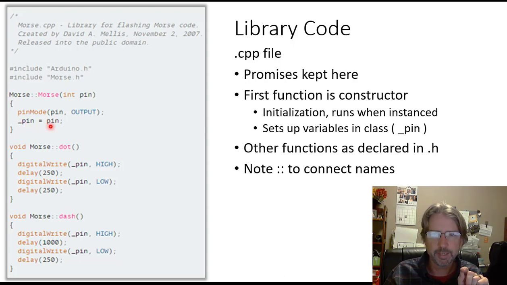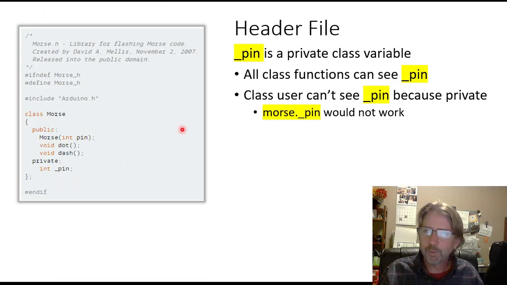By setting this into the class variable, _pin, all the other functions can use _pin. So that's 13 in our one instance. In the header file, this is where we set up _pin. Just circling back, in the constructor we pass it the pin number, and then this is a variable that's part of the class where we save it for everyone else to use.